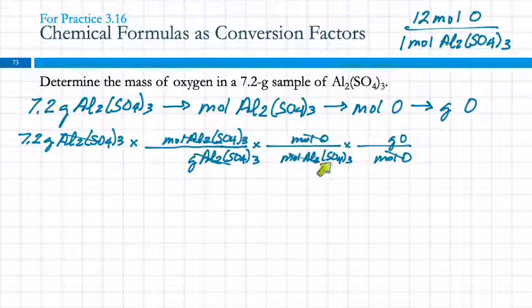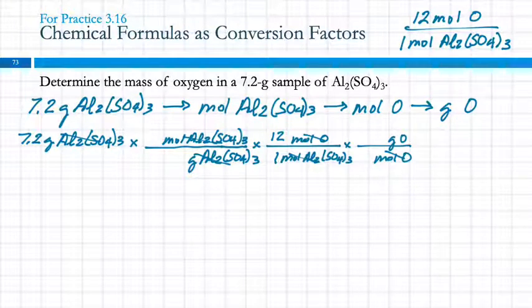This mole to mole one is actually the easiest because I don't have to calculate anything. This is from the formula. I want to know how many moles of oxygen are in 1 mole of the compound, and I already wrote it down up here. There's 12 moles of oxygen in 1 mole of compound. And then I need 2 molar masses, 1 for oxygen and 1 for that compound.